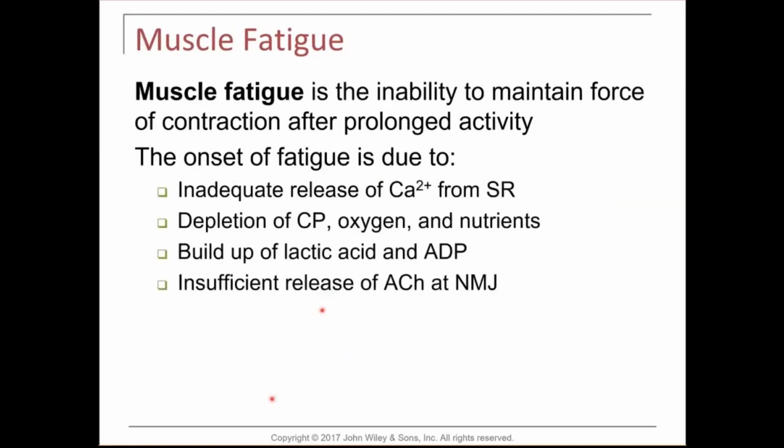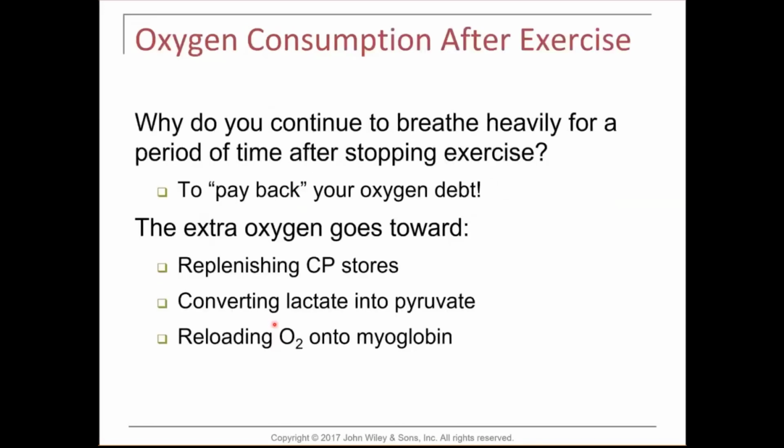But once you reach the point of muscular fatigue, this is going to be difficult to overcome. You may be able to overcome your brain telling your muscle to stop contracting, but not the muscle itself ceasing to contract.